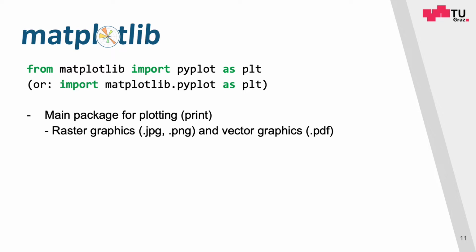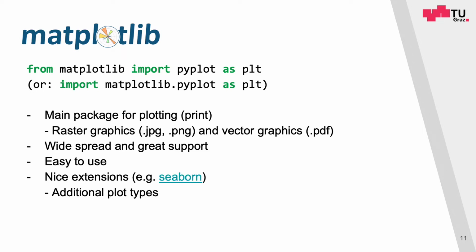And you can also produce, more importantly, vector graphics, for example, with the PDF extension. And matplotlib is widespread and has a great support out there. It is quite easy to use. And it has some really nice extensions, for example, the Seaborn library, which supports additional plot types.